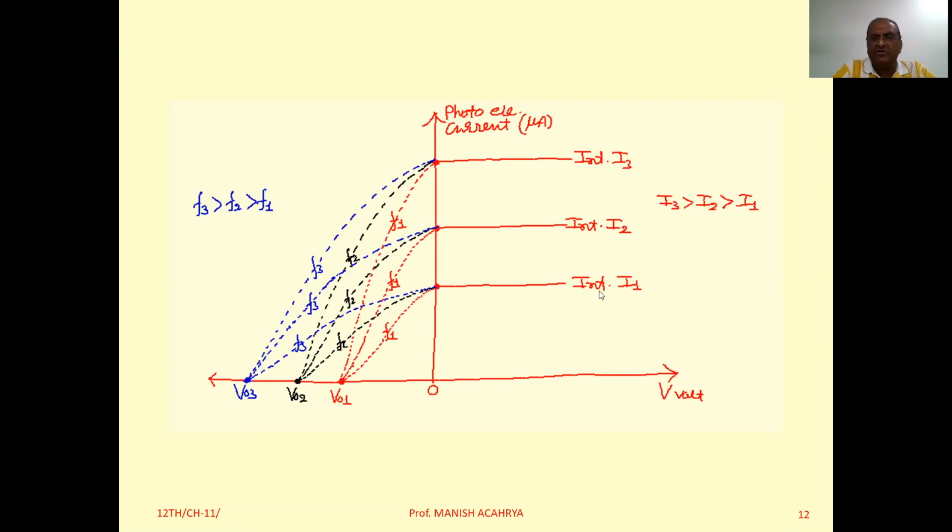See, first the intensity was kept constant, I1, and frequency F1, this observation.